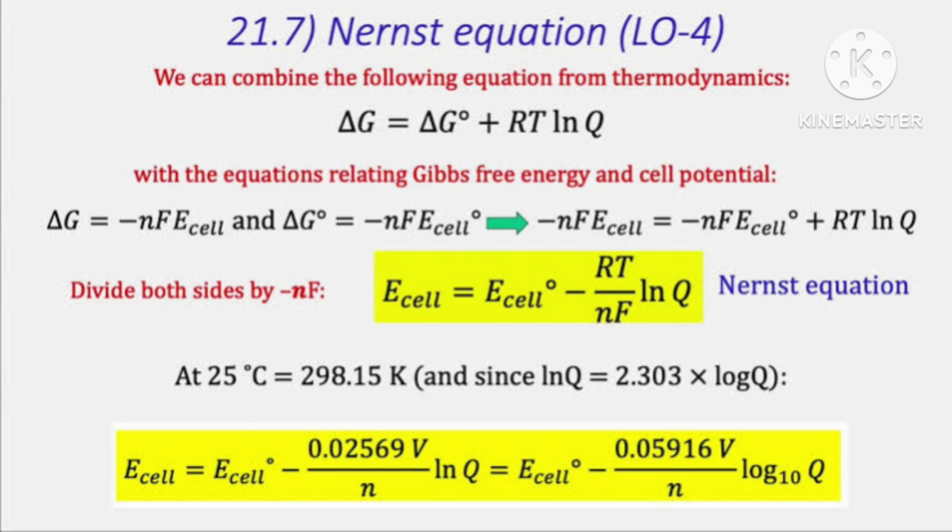Up to a certain stage, Zn ion concentration increases and copper ion concentration decreases. Then after some time there is no change in the concentrations, and at the same time the voltmeter gives 0 reading.